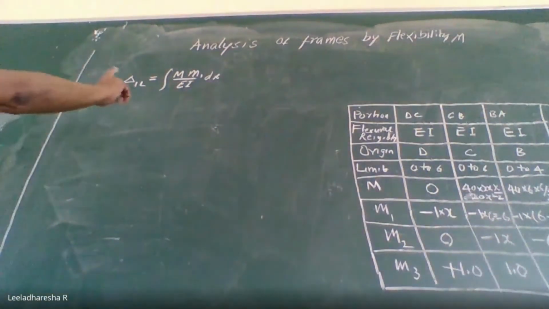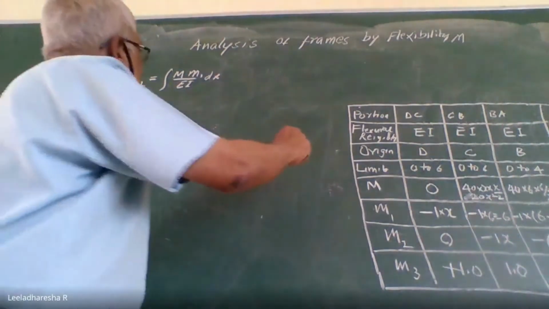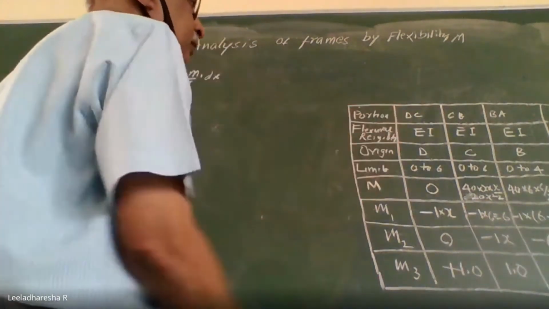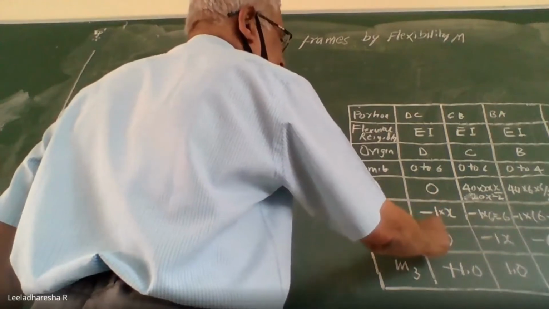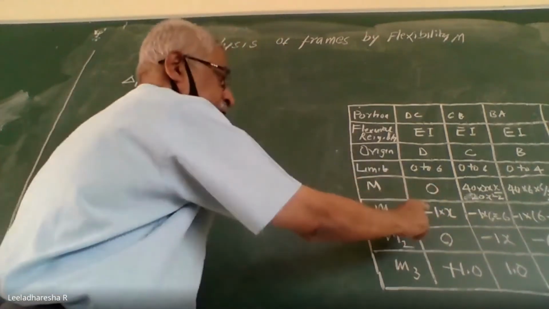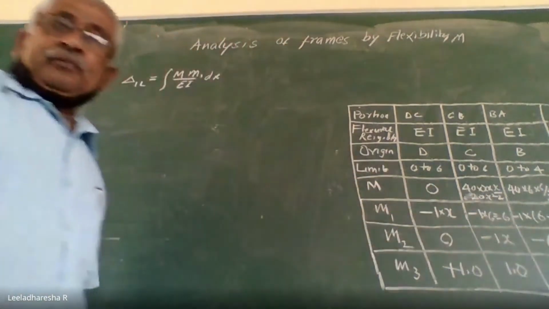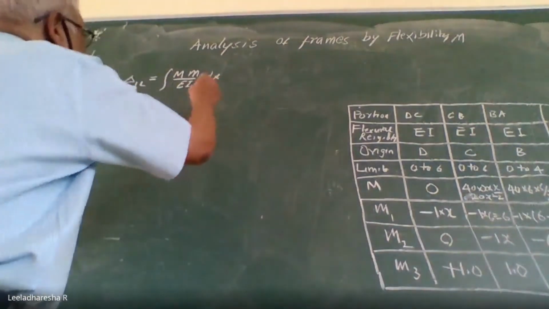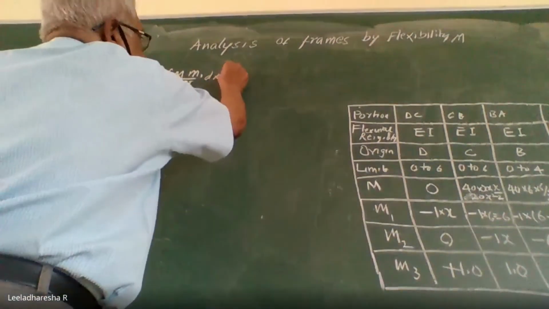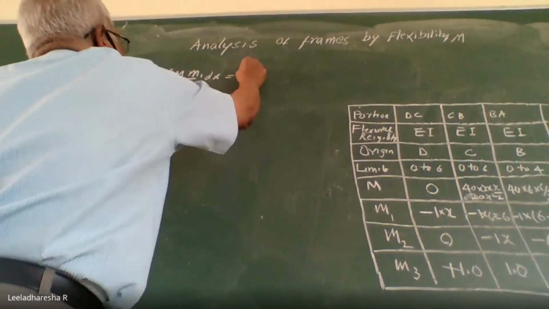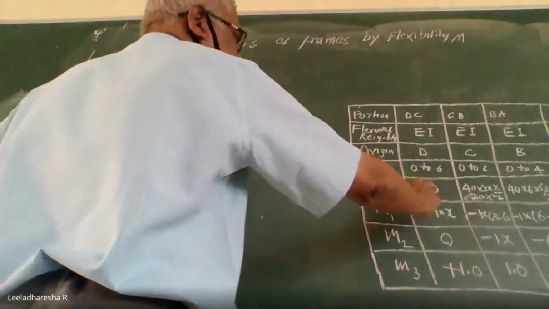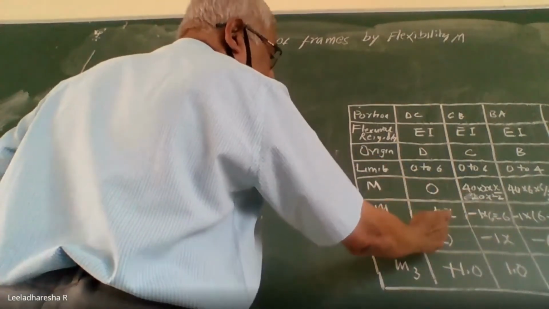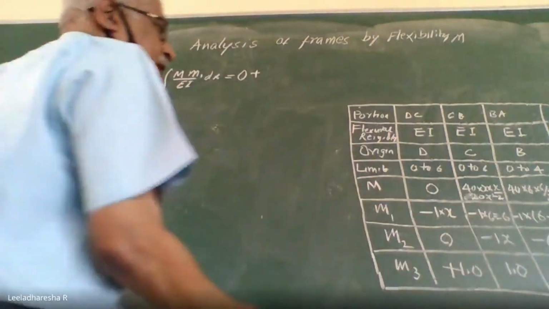See, I have all the values for different portions. M into M1 for the portion DC is going to be 0 into minus x, so it is going to be 0. For the first portion I will show you 0, because 0 multiplied by minus 1 gives you 0.